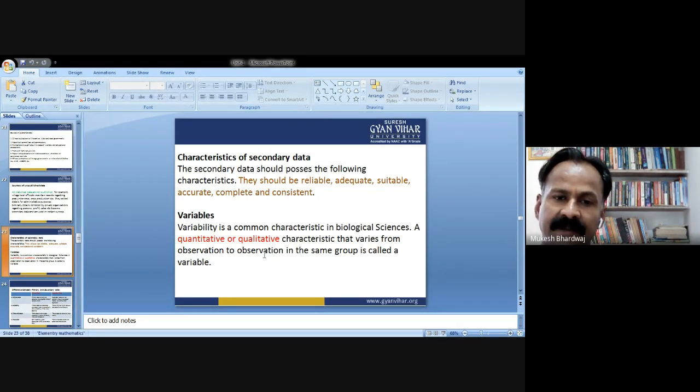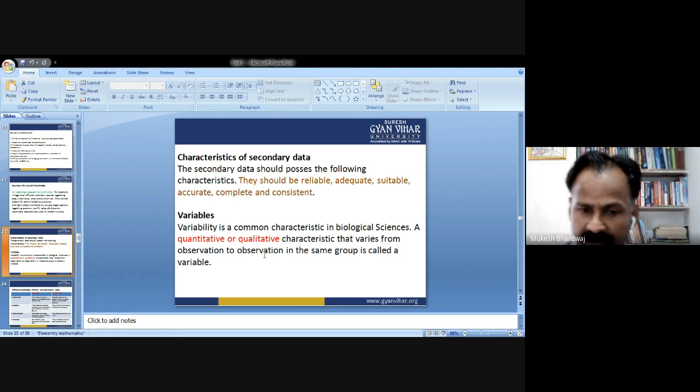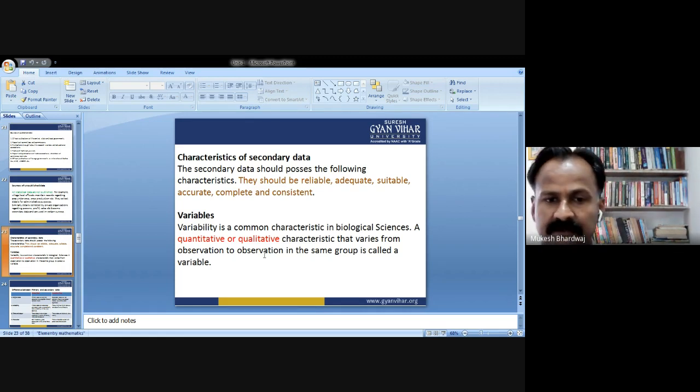A quantitative or qualitative characteristic that varies from observation to observation in the same group is called a variable. We had already discussed that something which varies in accordance with time is called a variable quantity. Okay, and the quantity associated with that variable quantity is known as variables.